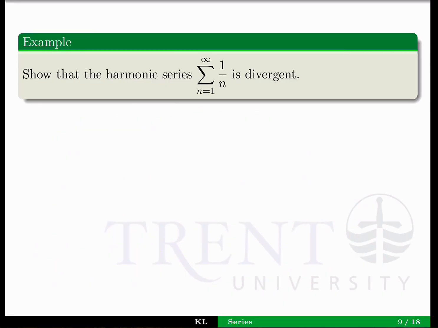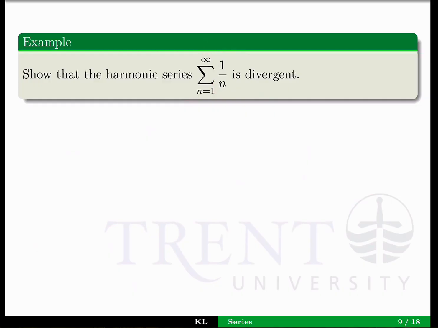Now, show that the harmonic series is divergent. The harmonic series is this form: you have 1 over n as the term of the series. So the harmonic series is the sum of 1 over n, running from 1 up to infinity.